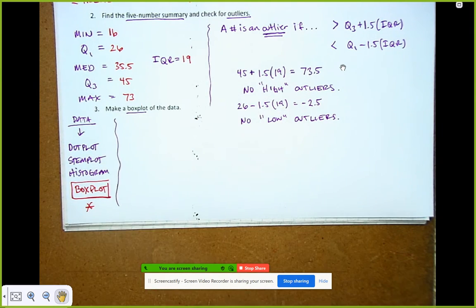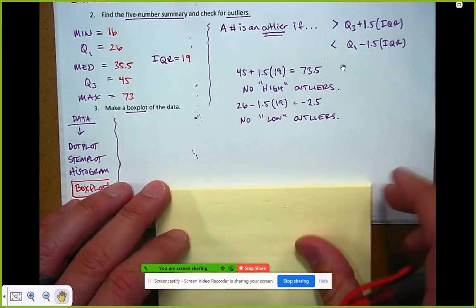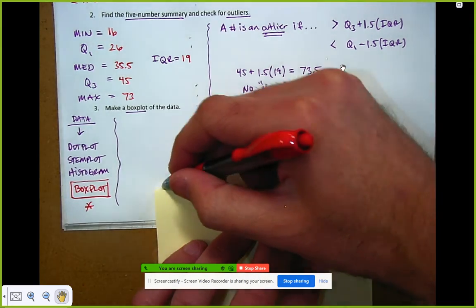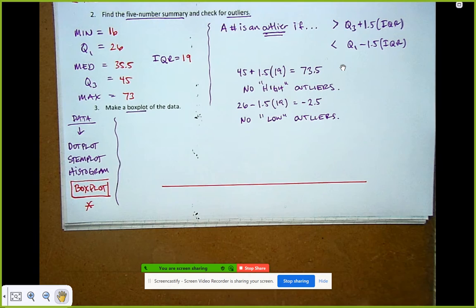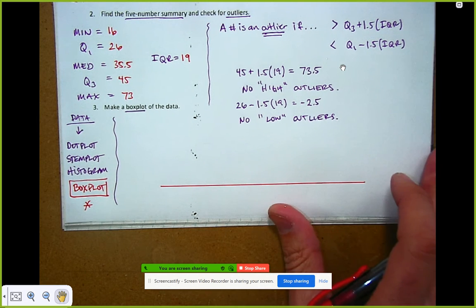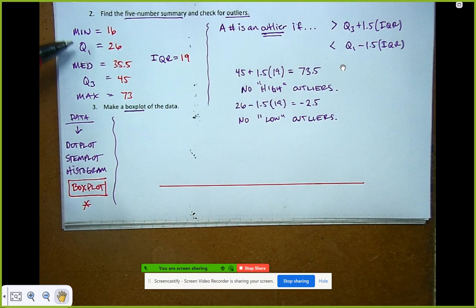Okay? And so what we're going to do is we're going to start by drawing a number line. And what you want to do with your number line is looking up here, you can see that my minimum value is 16 and my max value is 73. So for me, I have to come up with a number line that goes all the way from 16 to 73. So I'm going to go from like 10 to 80.